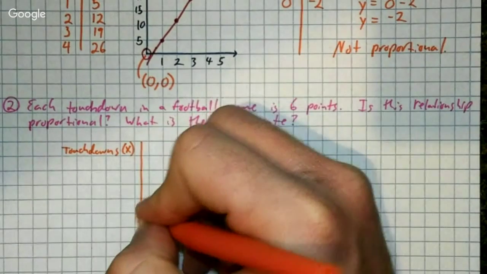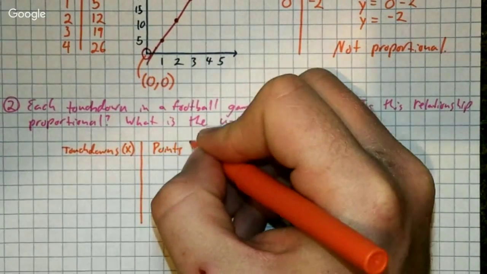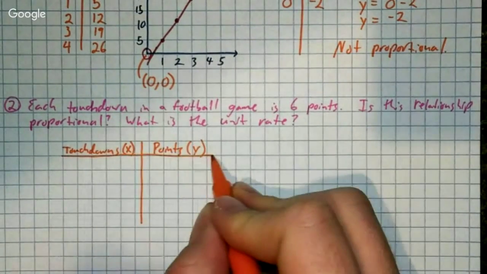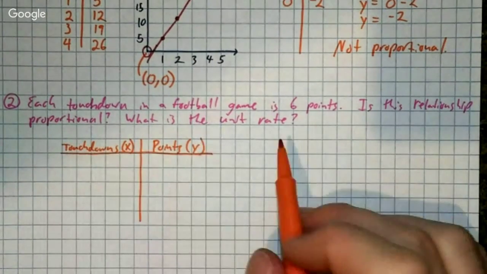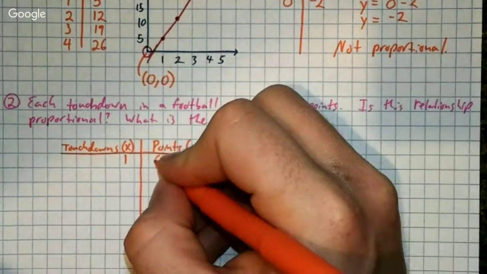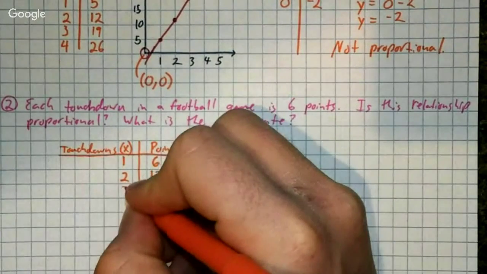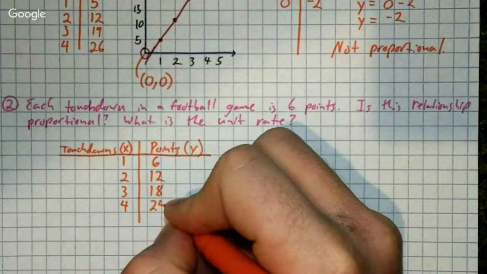Our y value is going to be points, because each touchdown gives a certain number of points. So if we're going to go through, it says each touchdown is 6 points. So that means 1 touchdown is going to give us 6 points. 2 gives us 12. 3 gives us 18. 4 gives us 24.